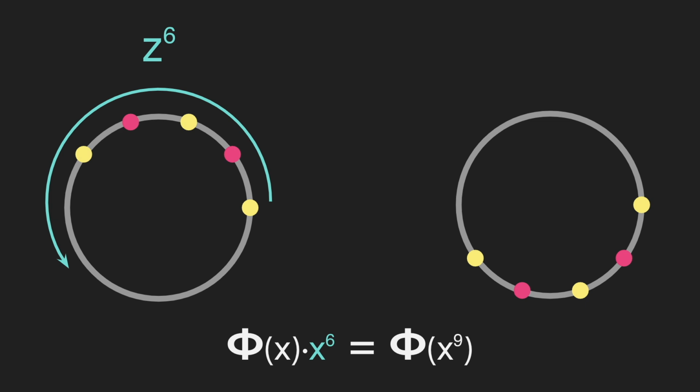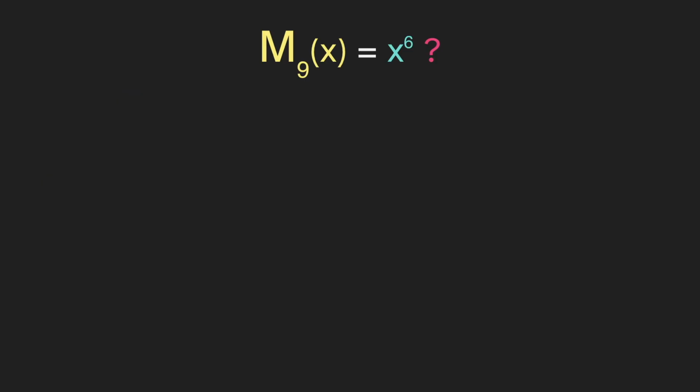That seems that it should be true. And so that leads us to wonder, is m sub 9 equal to x to the 6? M sub 9 has a lot of terms, so clearly these aren't exactly equal, but we want some way to think about them being the same. They act the same as modifiers.